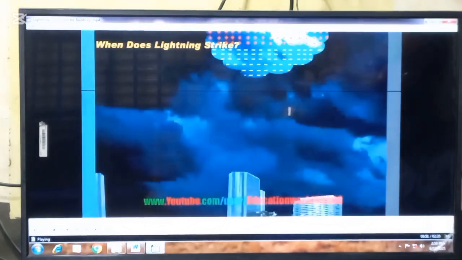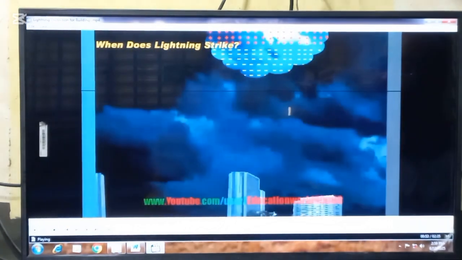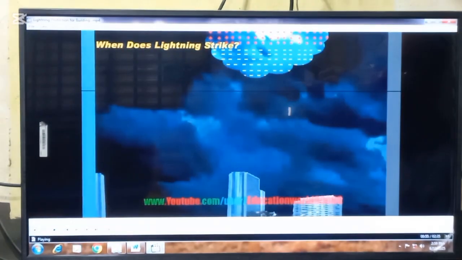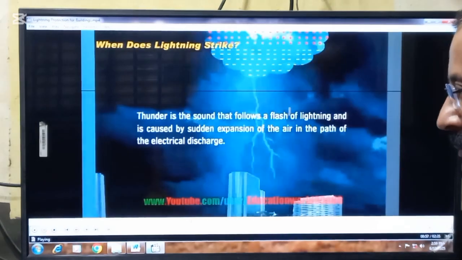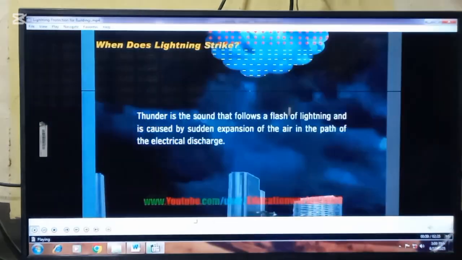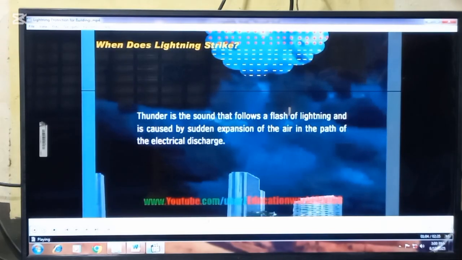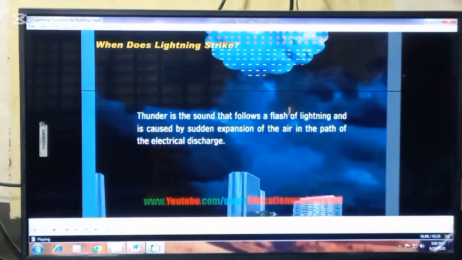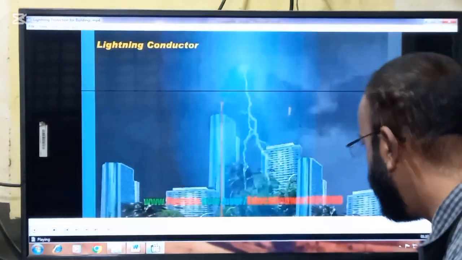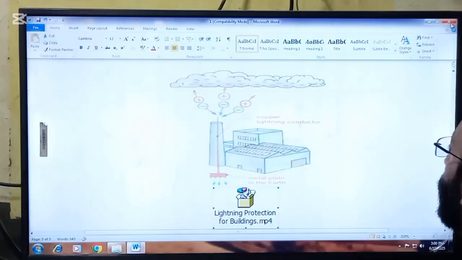This return stroke releases tremendous energy, bright light, and produces thunder. Thunder is the sound that follows a flash of lightning and is caused by sudden expansion of the air in the path of the electrical discharge. A lightning discharge.